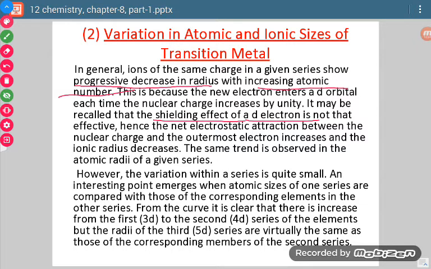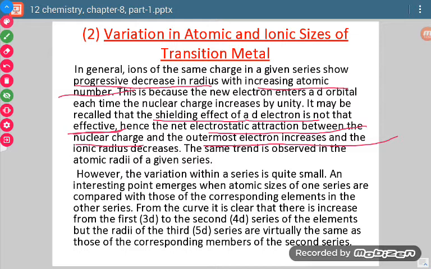So when we start moving from left to right, electrons are added in the d orbital, and the shielding effect of the d orbital is not so effective. So the net electrostatic attraction between the nuclear charge and the outermost electrons increases.